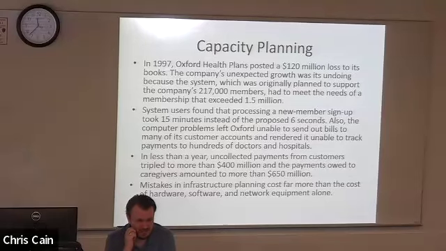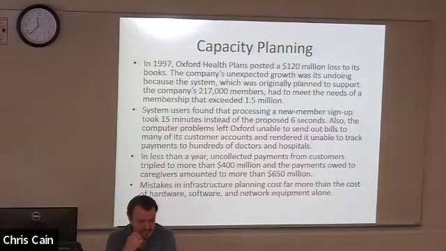So planning for not just using it today, but how popular is it going to become? Looking at the company, what is the company's anticipated growth over the next some number of years? Build that into the capacity planning for your own application.